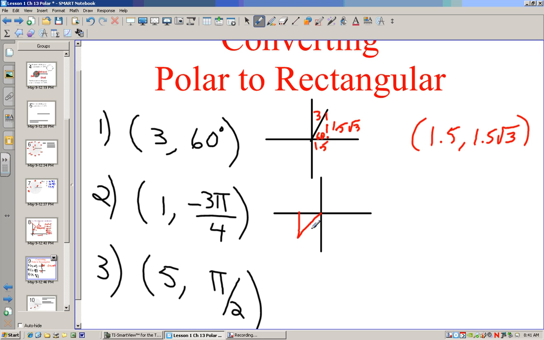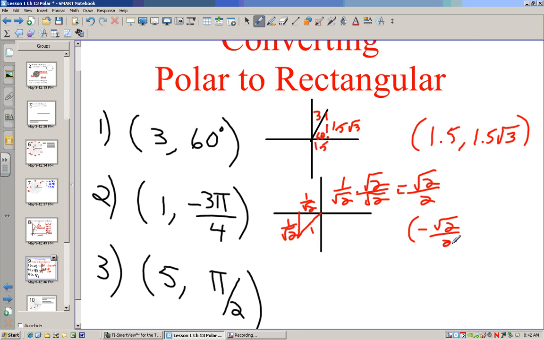If this distance is 1, this would be 1 over root 2 because this is 45, 45, 90. 1 over root 2 is the same thing as root 2 over 2 because we have to rationalize the denominator. So we go to the left root 2 over 2, and we go down root 2 over 2.